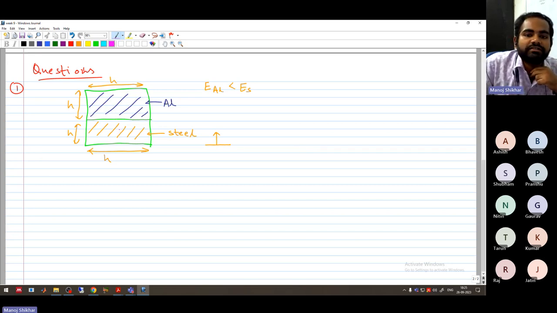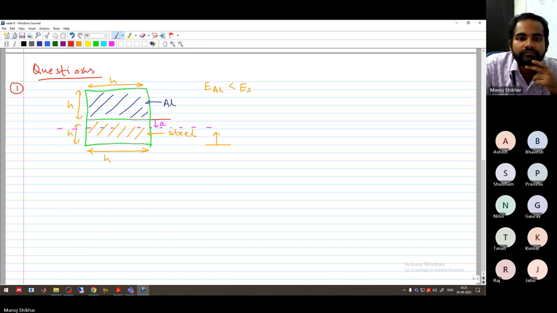So let us start with the assumption that the neutral axis will lie somewhere here from the center. Suppose this is our center. This is the centroid. So the neutral axis will lie some distance below the centroidal line.